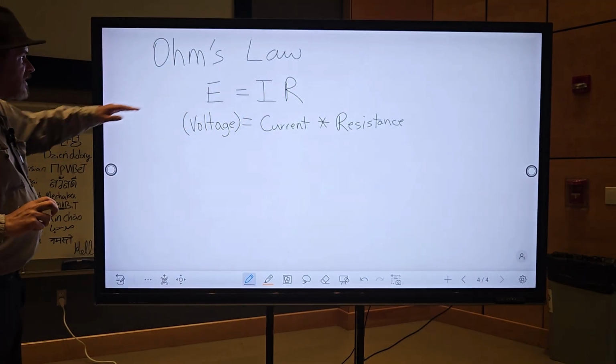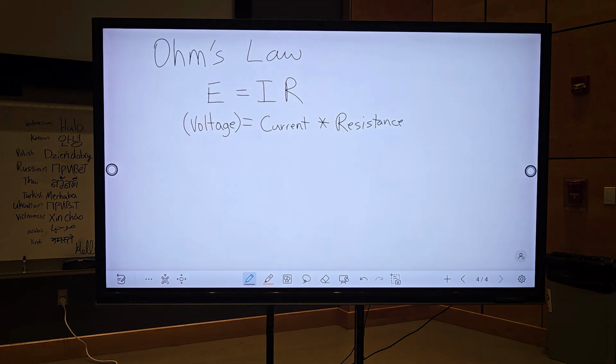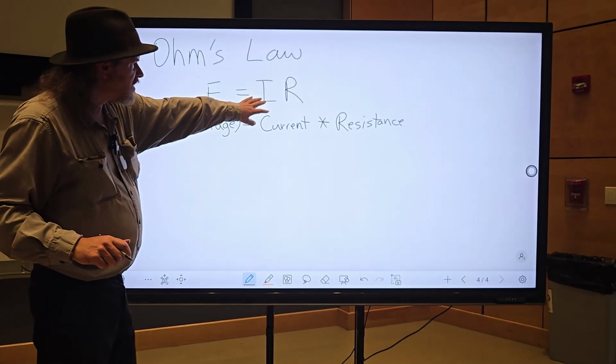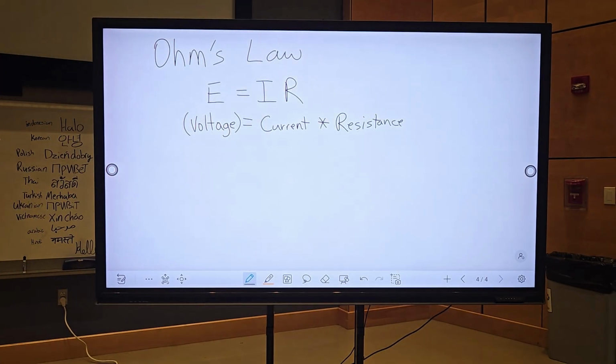So E, the electromotive force, is that what it says? The E stands for electromotive force, I is for induced current, and R is for resistance. Very simple equation.